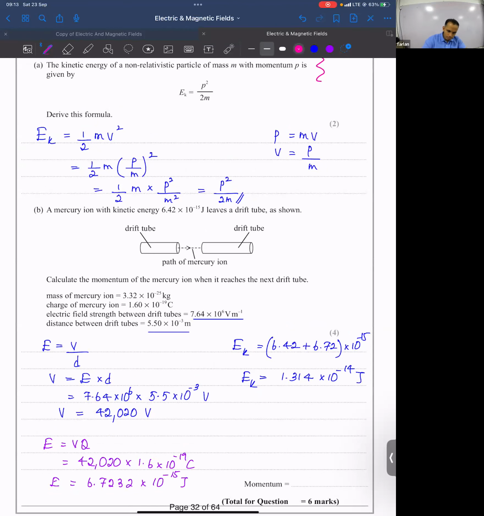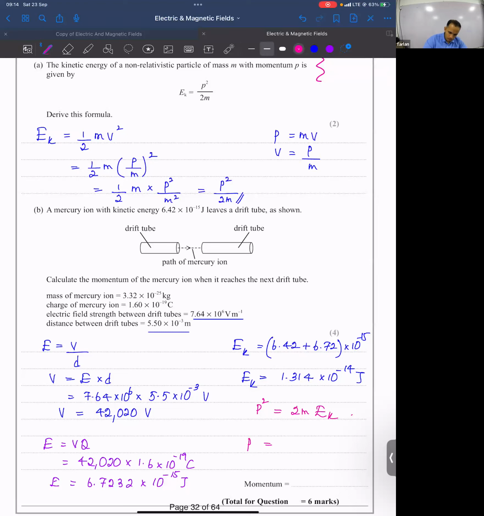So guys, p square equals 2 m Ek, correct? So p will be the square root of this. So 2 into the mass of the particle, which is given, 3.32 into 10 to the power minus 25, into kinetic energy, 1.314 into 10 to the power minus 14.